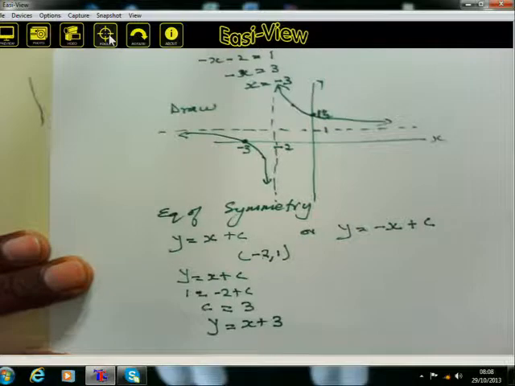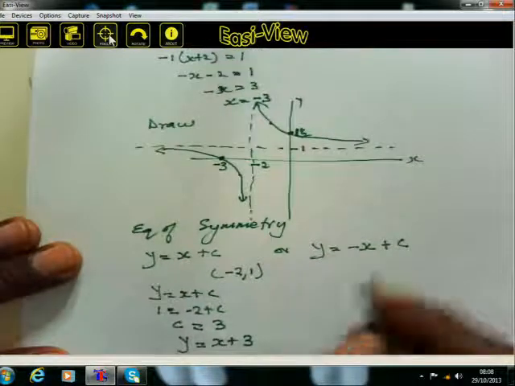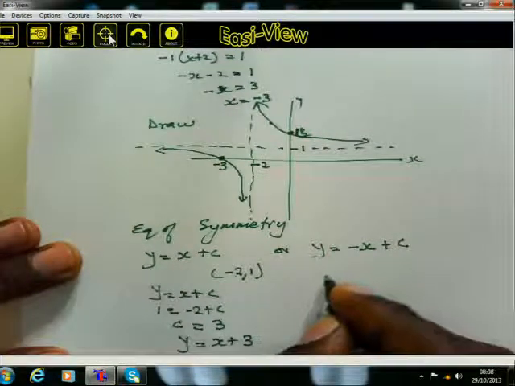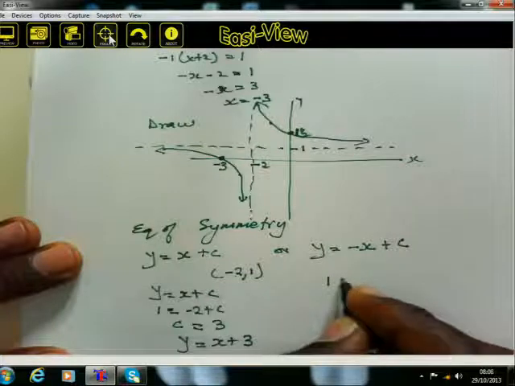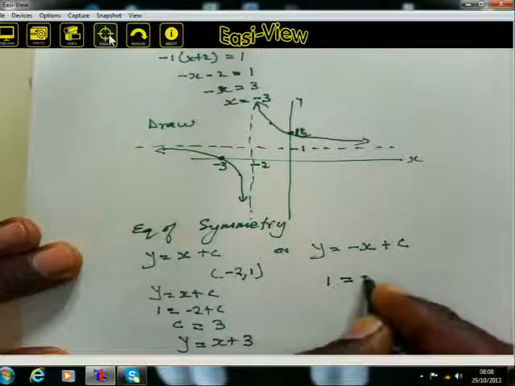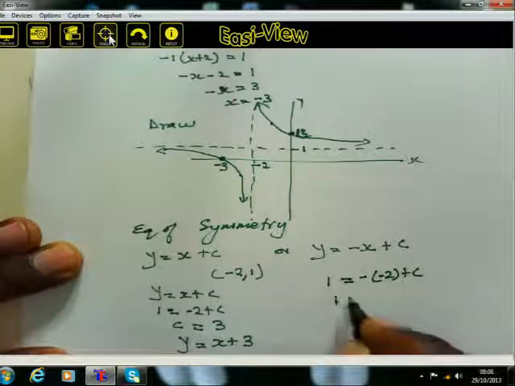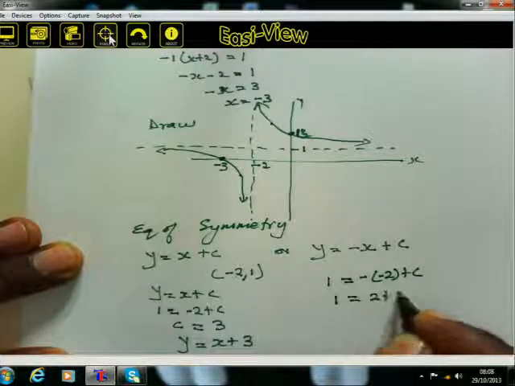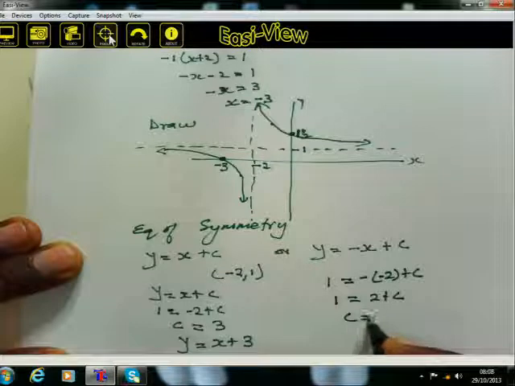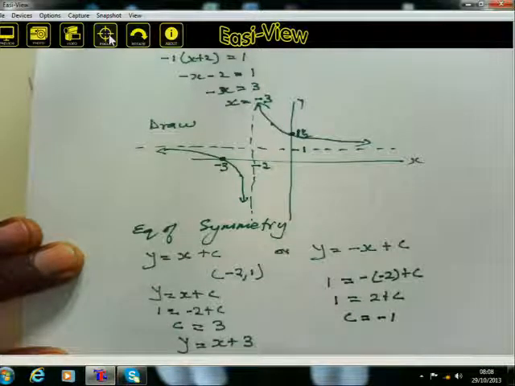The other one, which is negative, we substitute the same point. Our y is 1 equals minus our x, which is negative 2, plus c. Therefore 1 equals 2 plus c. Therefore our c is negative 1. Therefore the equation is y equals minus x minus 1.